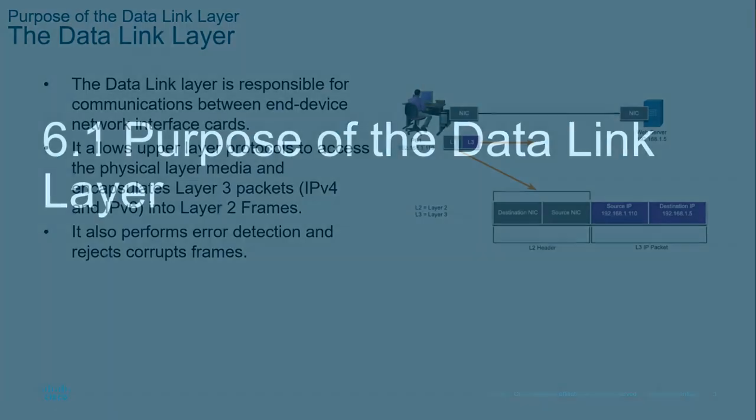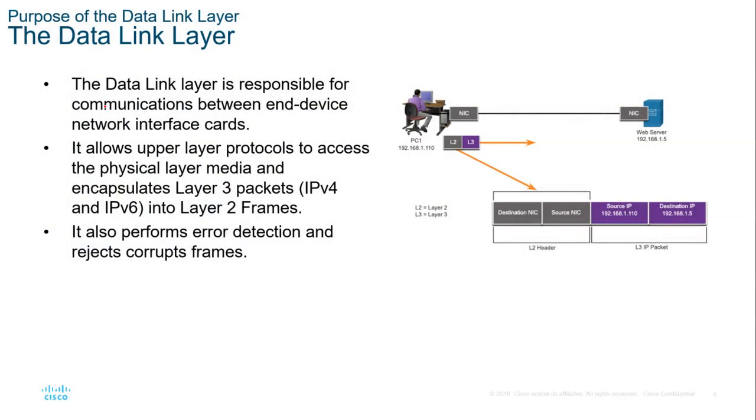So what's the purpose of the data link layer? The data link layer is responsible for connections between end devices. It allows upper layer protocols to access the physical layer media.